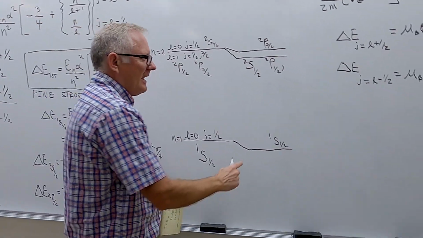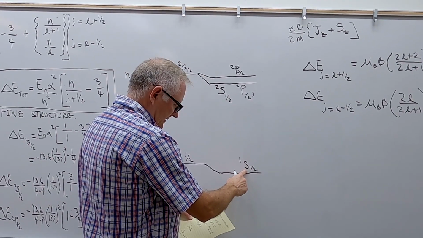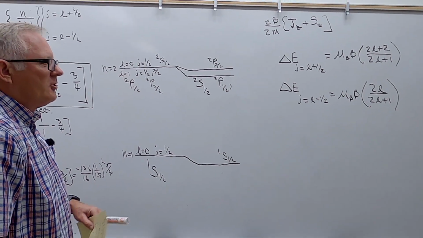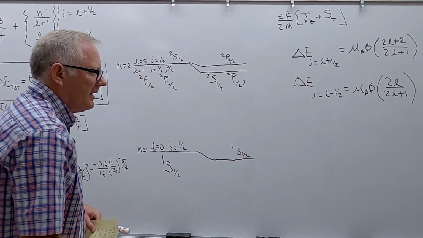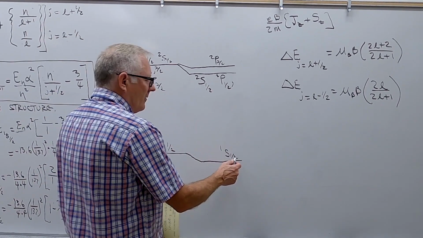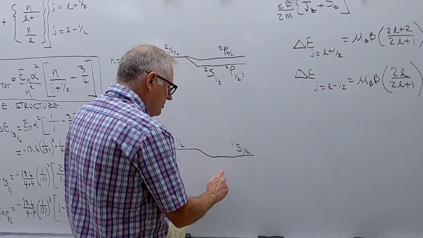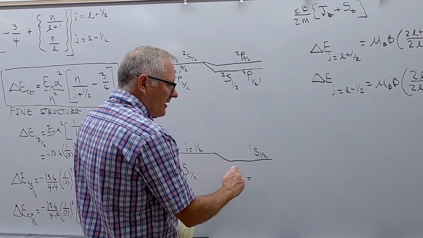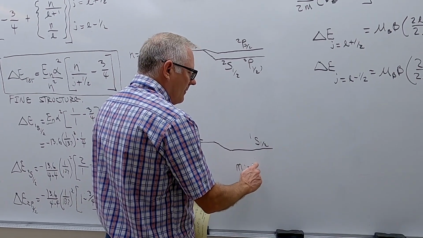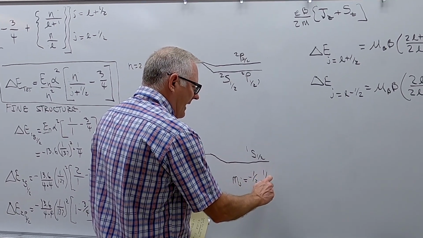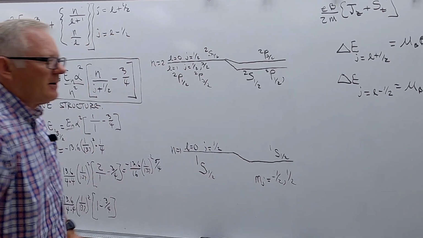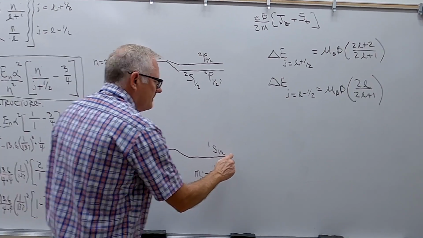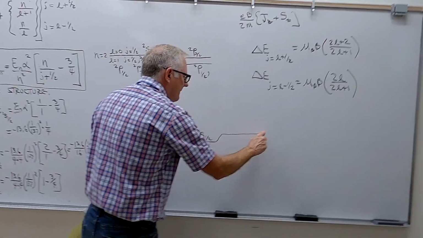Now, this state right here, the 2S1/2, this is the energy shift between the M sub J's. Since J is equal to 1/2, M sub J is minus 1/2 and 1/2. And so this is going to tell me the splitting between these two lines. These two are going to split.